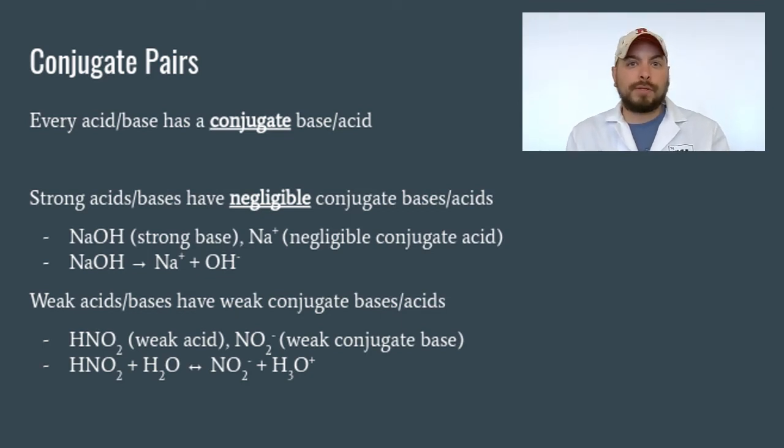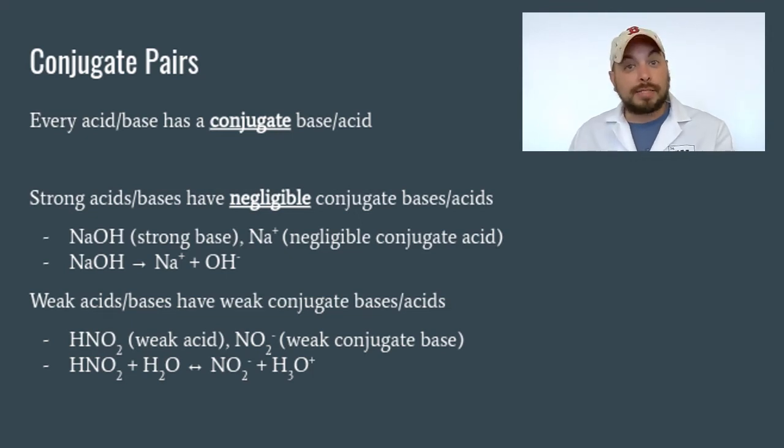This is very different than with the strong acids and strong bases. Remember, the conjugates of strong acids and strong bases are negligible acids and bases themselves. So with a weak acid or a weak base, this is what gives us an equilibrium. Strong acids and strong bases don't find equilibrium because those reactions will never go in the opposite direction. They'll only go in the forward direction, dissociation.